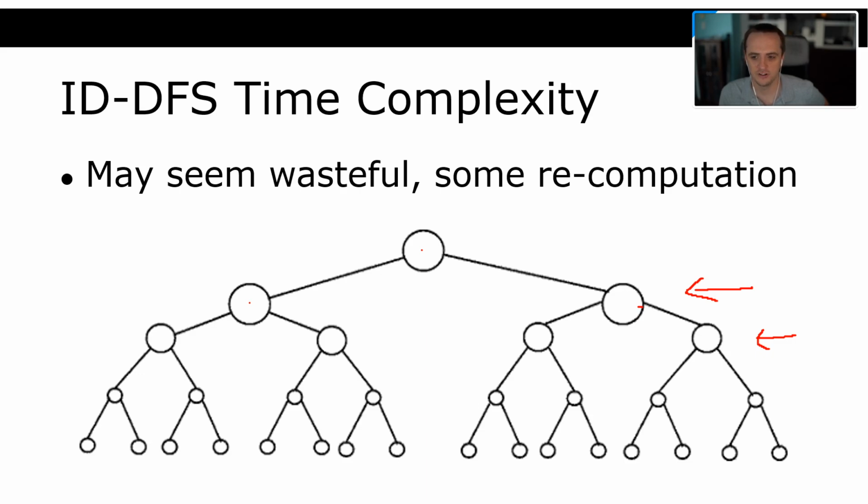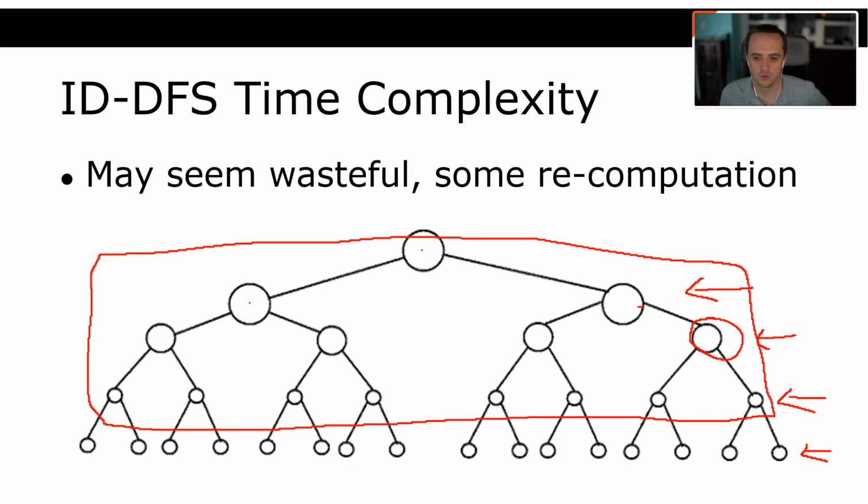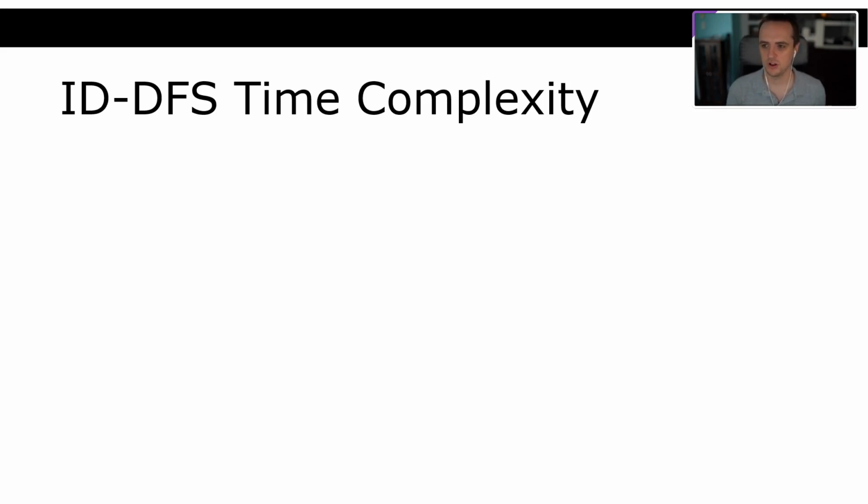And if we didn't find a solution, we search everything up to depth 3. But when we search up to depth 3, we also have to search everything up to depth 2. So every time we do a new depth, we research everything that we've searched before. But fortunately, with the amortized time complexity, we're only searching about double the amount of nodes that BFS would have searched. And why is that? Well, I'll show you.